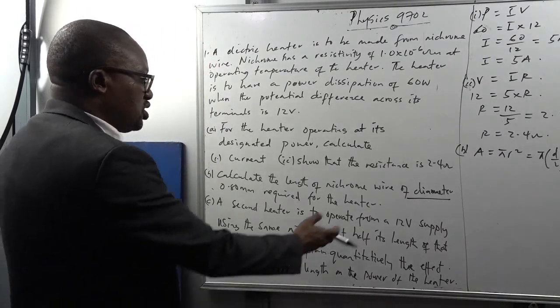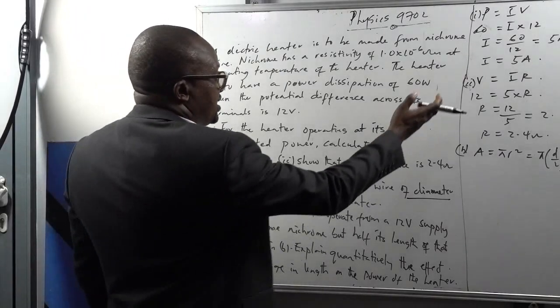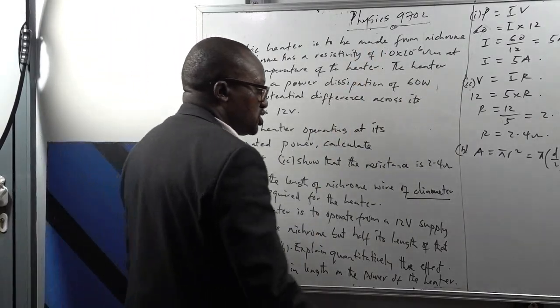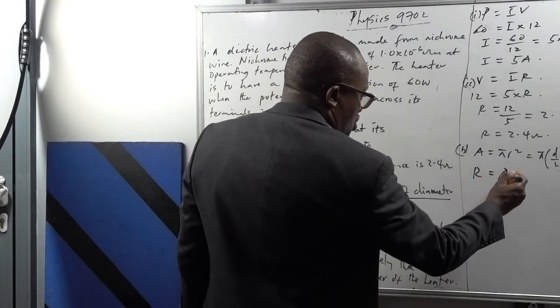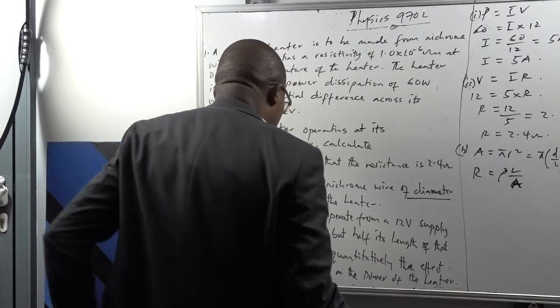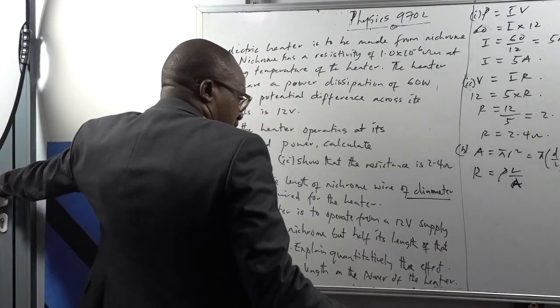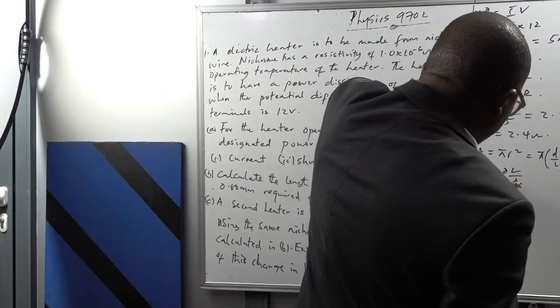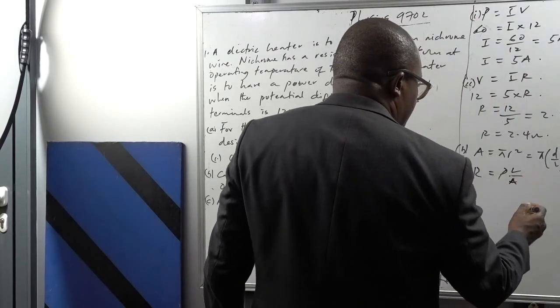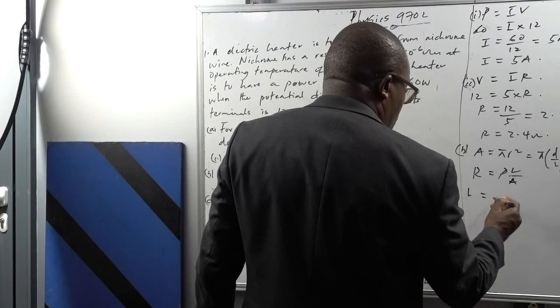And if we know the cross-sectional area, and we know resistance and resistivity, then we can find the length using resistance is equal to what? Rho L over A. Resistance is equal to rho L over A. Therefore, L is equal to what?